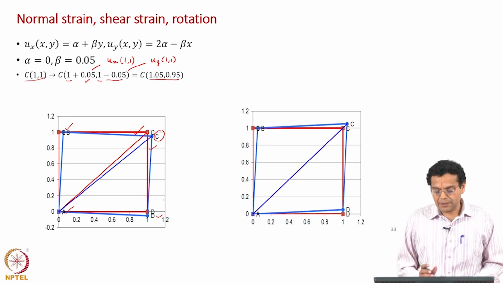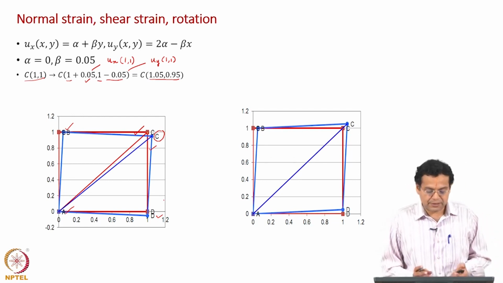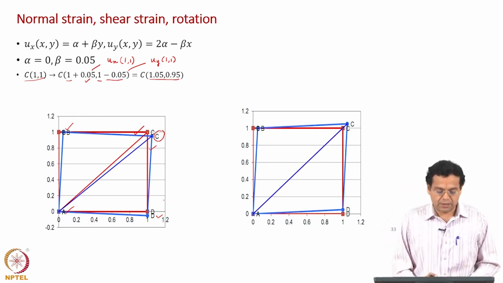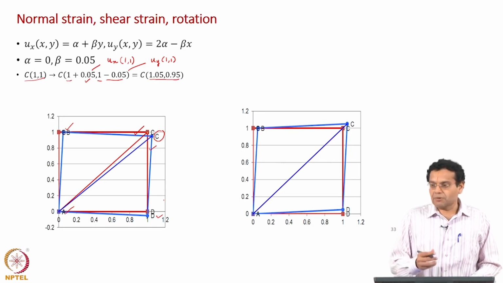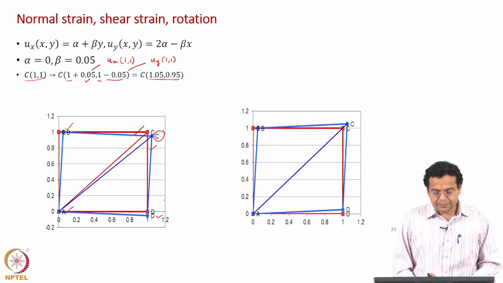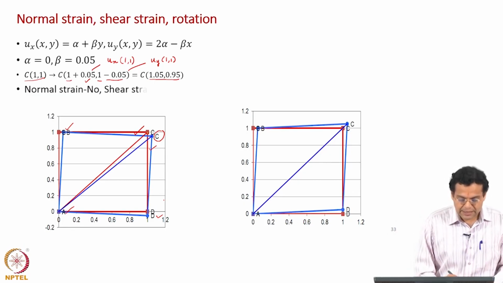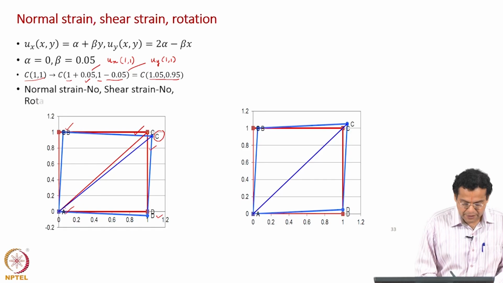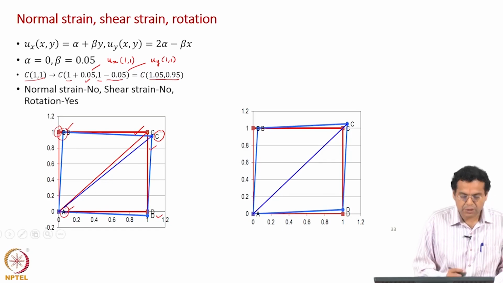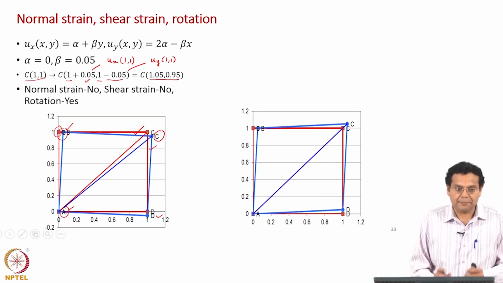So, red represents the initial configuration, blue represents the final configuration. Now, let us analyze what has happened to the shape. If you look at the length, there is no change in length. What do we mean by that? Focus on the initial AB, you have A here and then this point, that length and this length of this blue are almost the same, or they are the same.